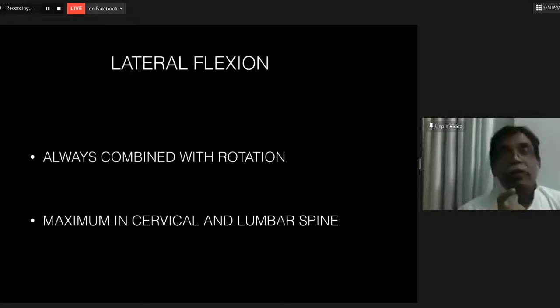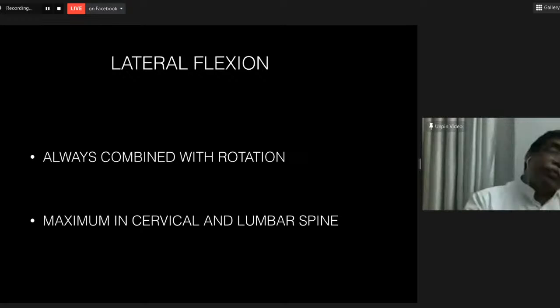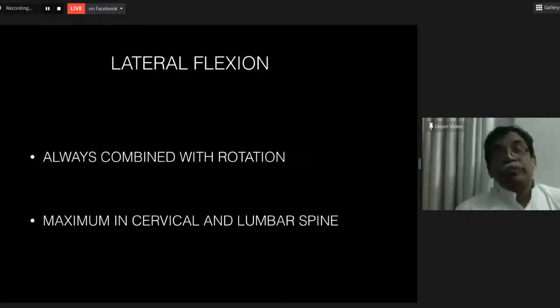There's a movement of vertebra on the other axis. The rotates on the other side. So if you are flexing on the left side, the spinous process rotates on the right side. But in lumbar spine, it rotates in the same direction. This lateral flexion, again, is maximum in cervical and lumbar spine and thoracic spine because of the bony cage that is present there.